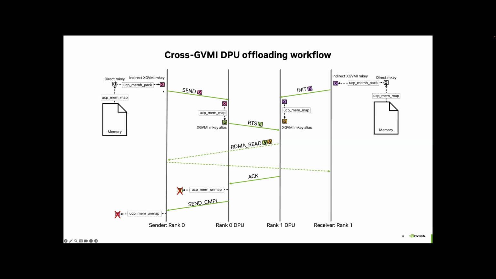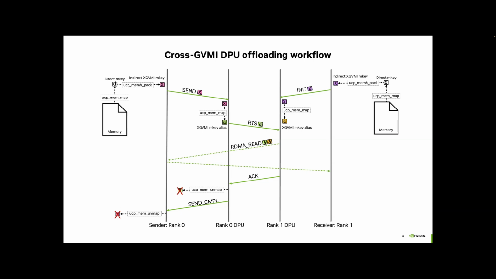The workflow on sender and receiver is pretty much the same, so let me cover mostly the sender side. Here, I want to emphasize, we don't have any UMR optimization yet. First, we do a memory registration with the UCP memmap call, and as a result, the direct memory key is produced. Underneath it calls ibv_reg_mr.